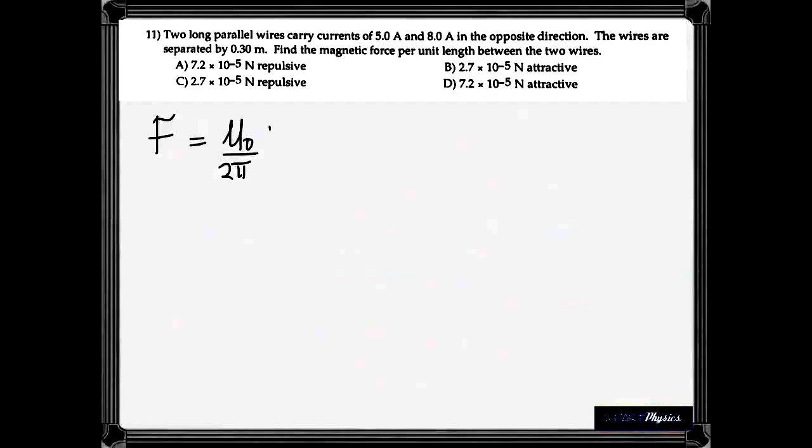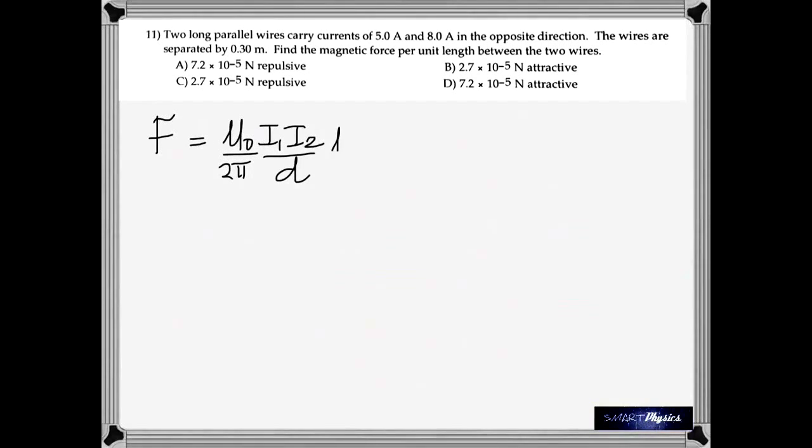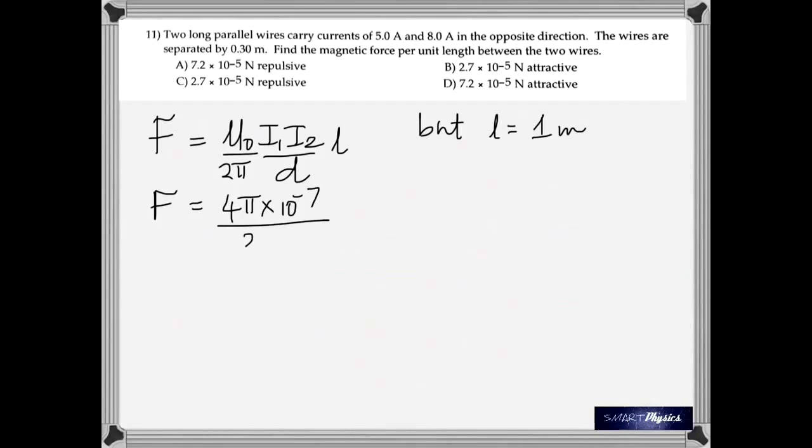So the force is given by F is mu naught by 2 pi I1 I2 by d times the length. But it says find the force for unit length, which means for 1 meter, and therefore L is 1 meter, and we can calculate all the remaining quantities that are given, and you would get the answer.